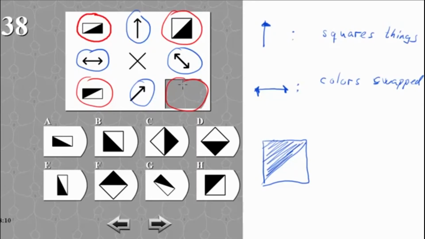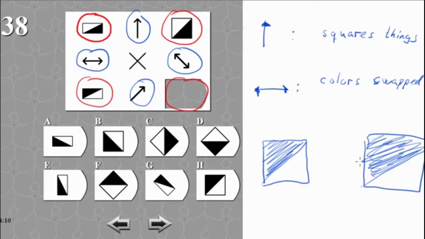All right, that's our first idea. Then we can look here. We have this figure here, and the colors are going to be swapped. So that would be also this figure here. So that checks out as well. So it seems that's a very good suggestion for our solution.